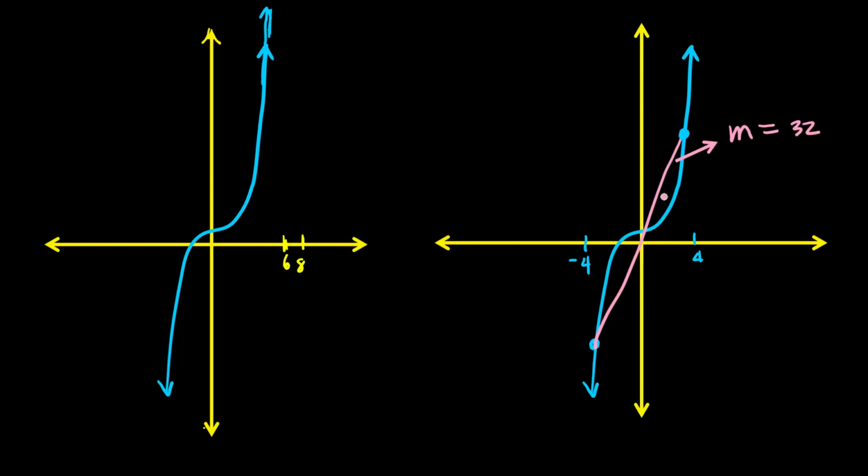Again, this is not scaled, but you see the difference in the slope of the secant line from 6 to 8 as opposed to from -4 to 4. All right, now let's move on to the next example.